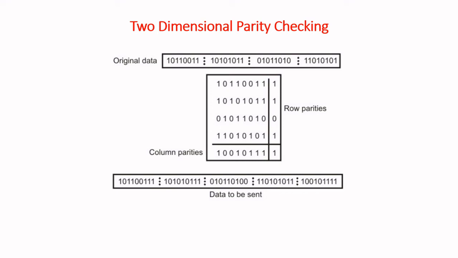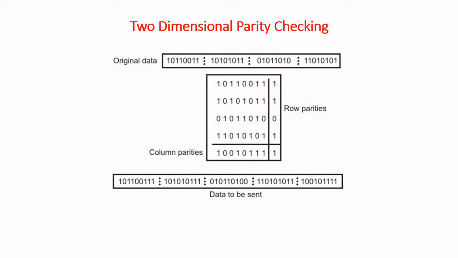For this we add 1 as a parity bit. So in the first row, the last value is 1 as the parity bit added. In the second row, 10101011, here again the number of ones is 5, so we add 1 as a parity bit for making it even parity.